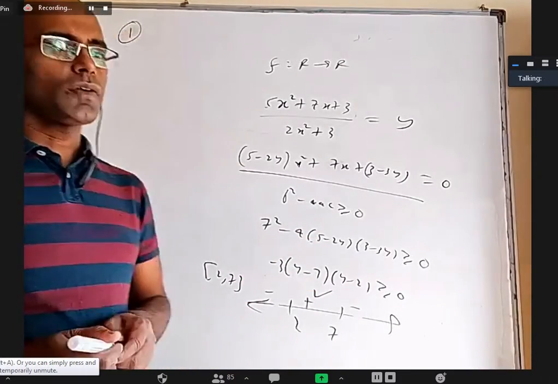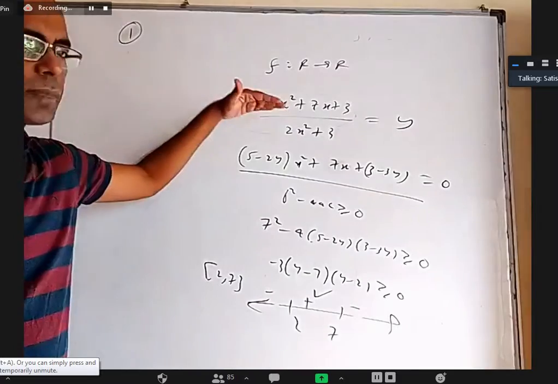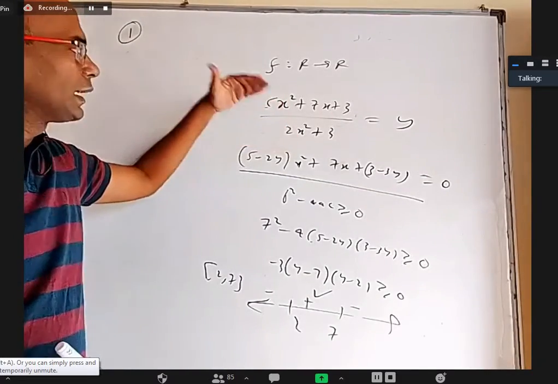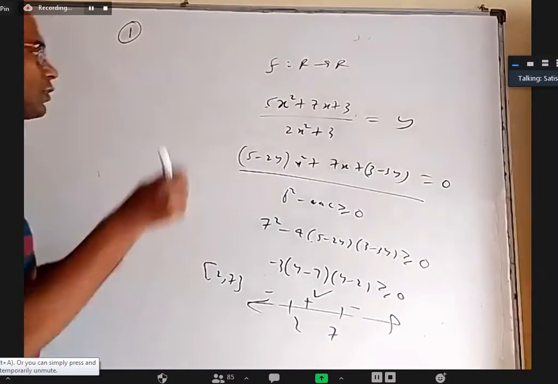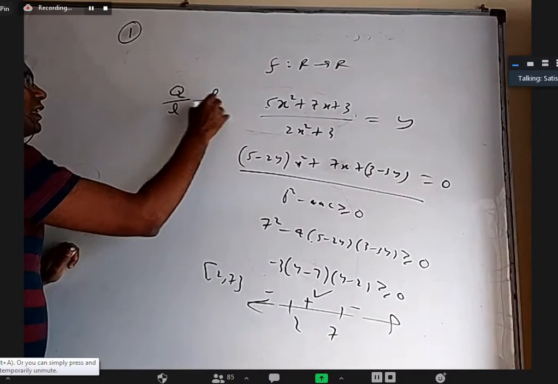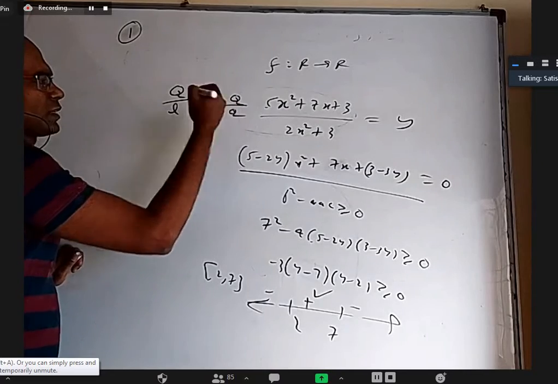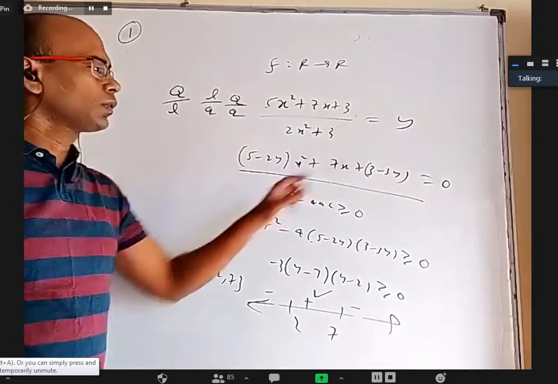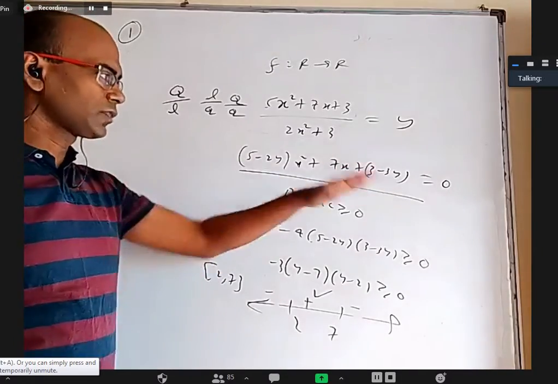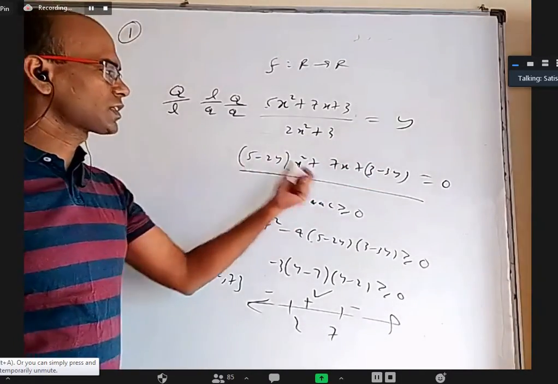Okay. So whenever you have a quadratic expression by quadratic expression, linear by quadratic, or quadratic by linear, how to find the range? You take it equal to y, do cross multiplication, and bring everything to one side. You will get a quadratic equation in terms of x.